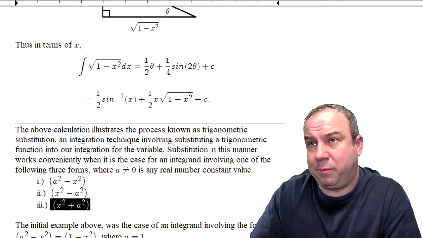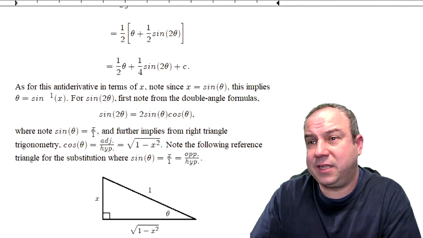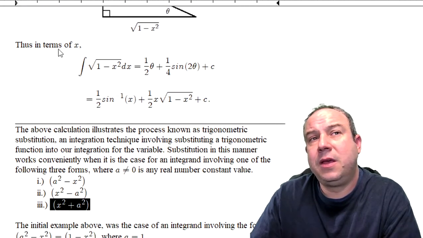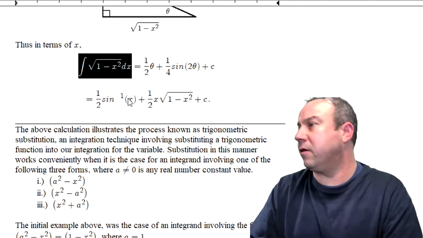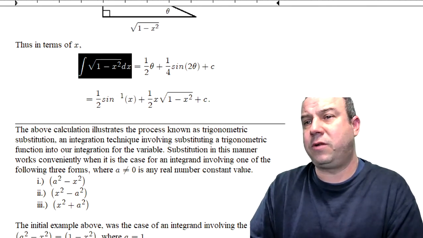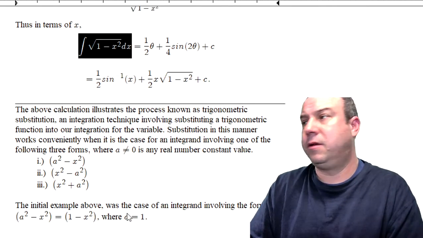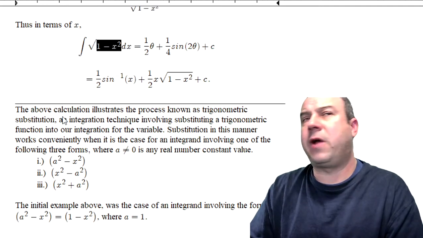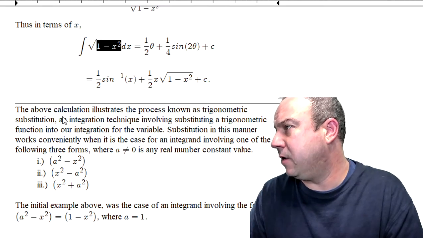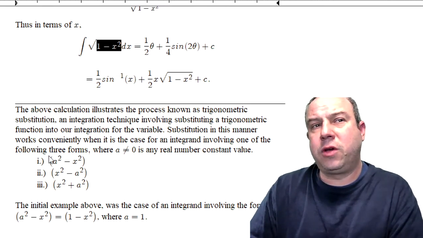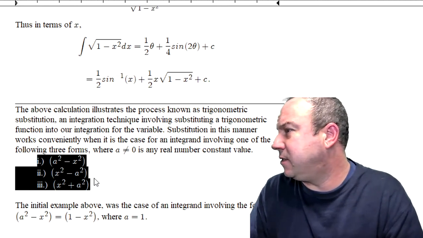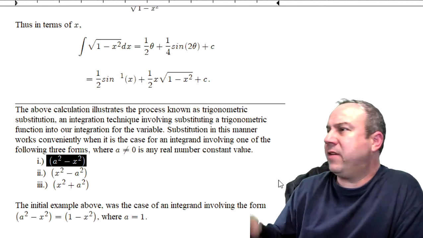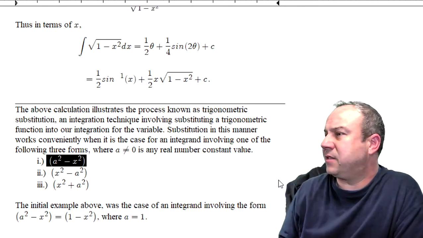The above example that we worked through, actually I can see it down here and compare the two. The above example seen right here involves this integrand 1 minus x squared. If you compare it to one of these 3 cases, that aligns itself here with the first case, where you have a number minus a quantity of x squared.